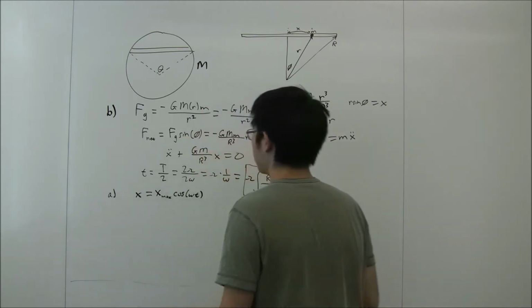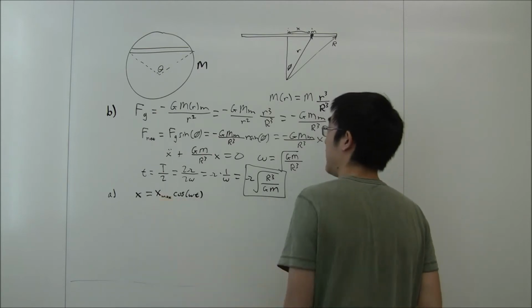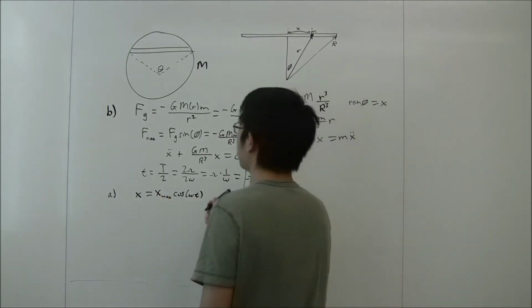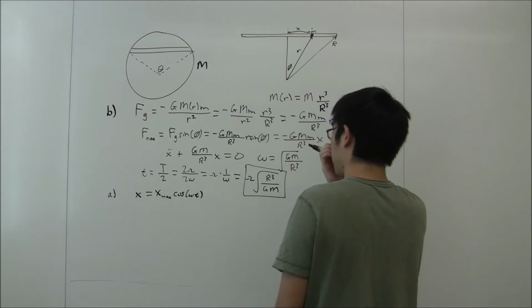So at t equals 0, the astronaut is going to start at x max and move in simple harmonic motion.